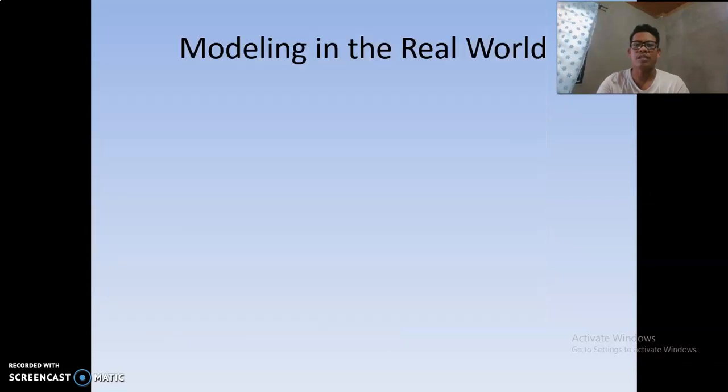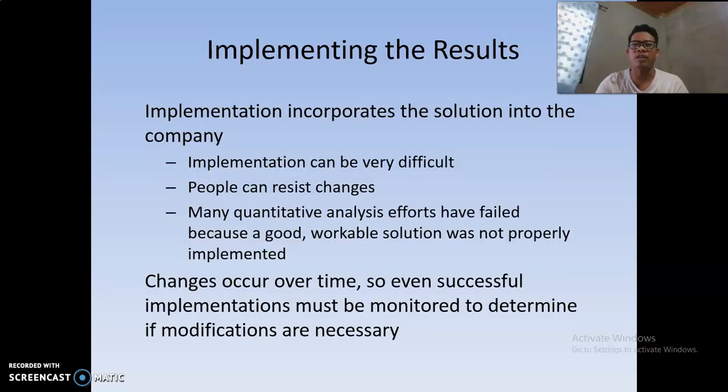The last thing to do is the implementation of the results. Implementation incorporates the solution into the company, and it can be very difficult. People can resist changes, and many quantitative analysis efforts have failed because a good, workable solution was not properly implemented.